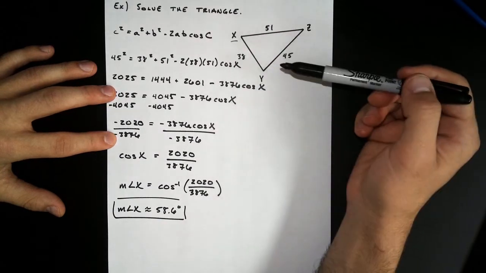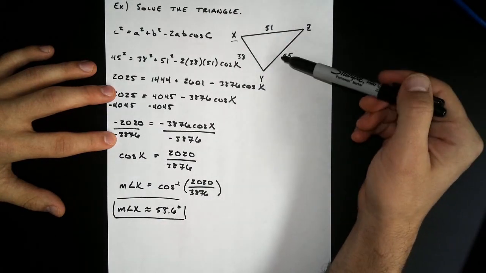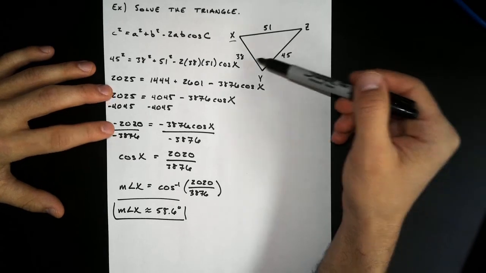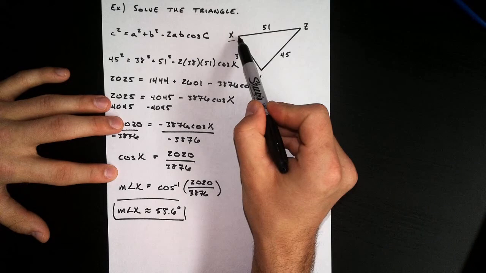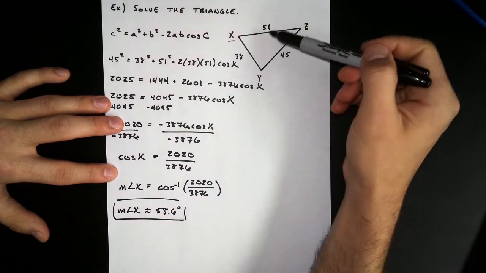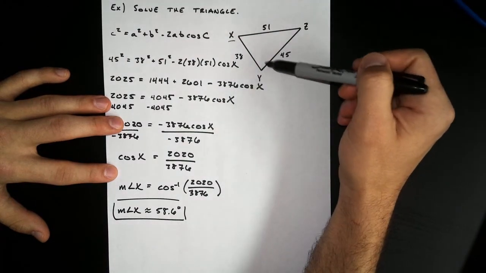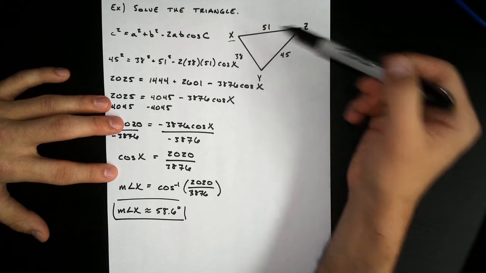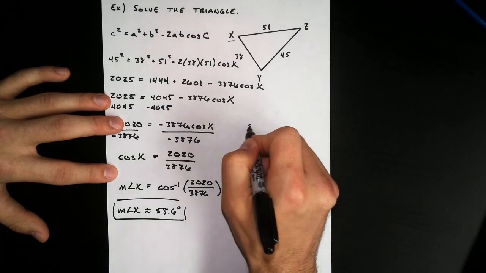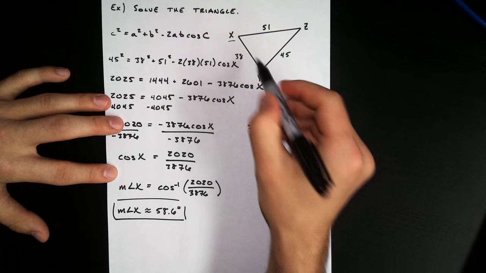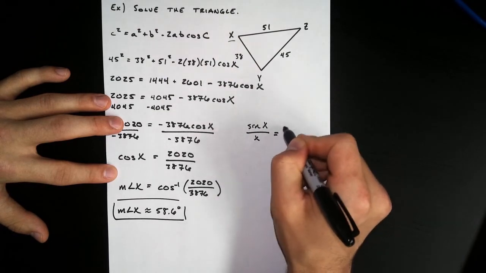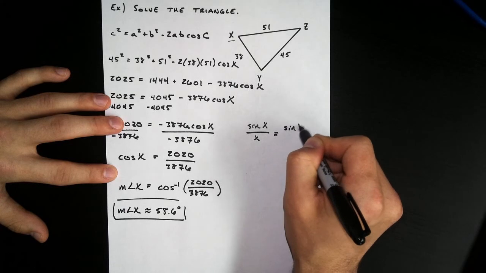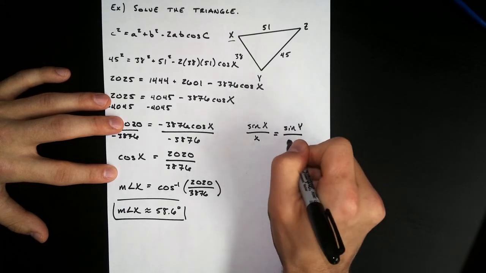I could use the law of cosines to find a second angle, but I can also use the law of sines. So now I know an angle, I know the side across from that, and then I could use the law of sines to find another angle because I know the side across from that one. So the sine of an angle, the side across from that one, is equal to the sine of another angle, and the side across from that.